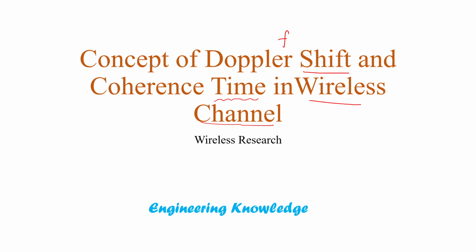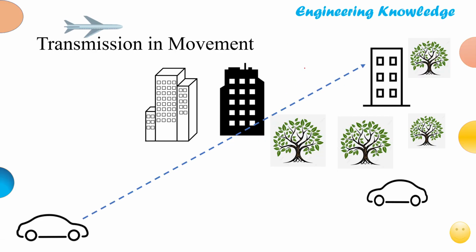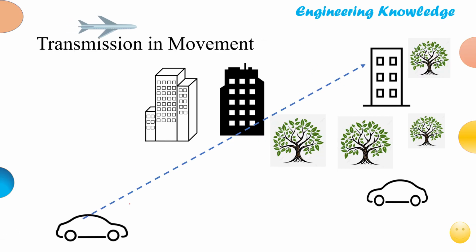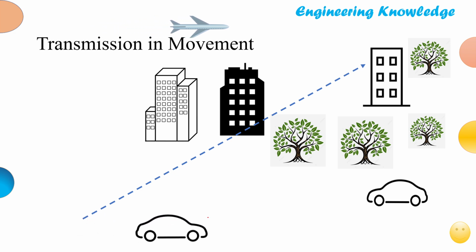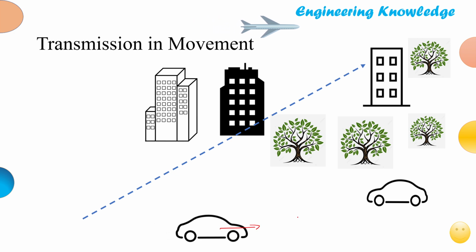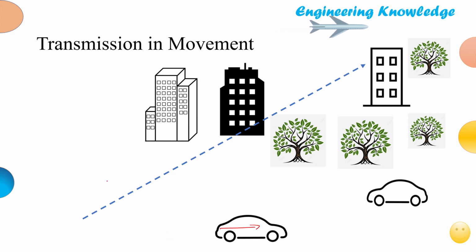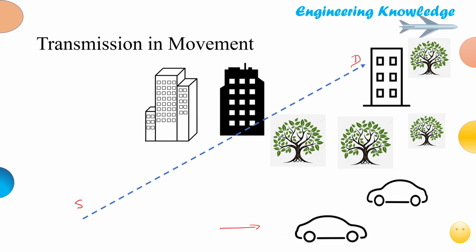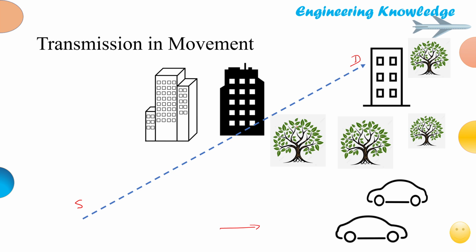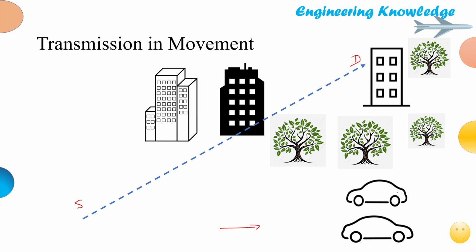So here we are looking at something which is dynamic in nature, that a mobile terminal is moving. So it is moving in this direction. It was earlier supposed to connect from S to D, source to destination, in this path, but now it has reached here, and there are other transmitter and receiver pairs that are also moving in the same communication channel.